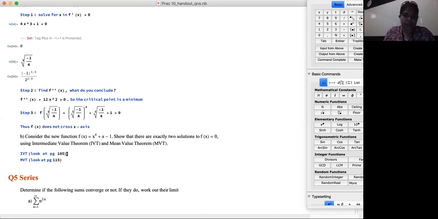What does the intermediate value theorem say? How would you use the intermediate value theorem in this case?